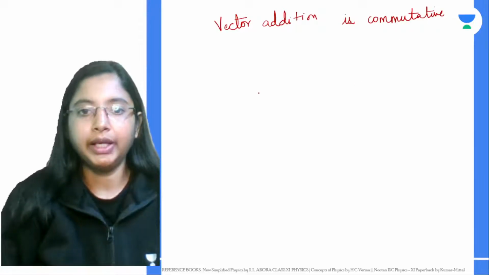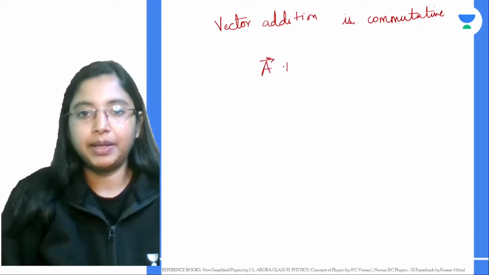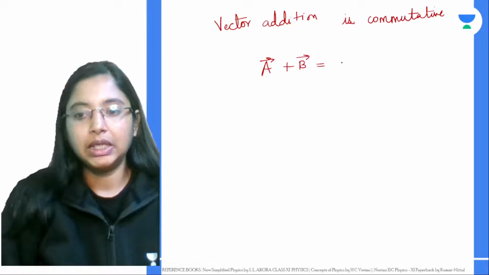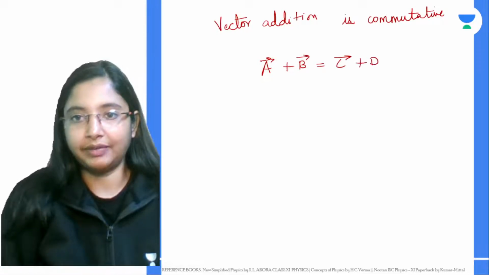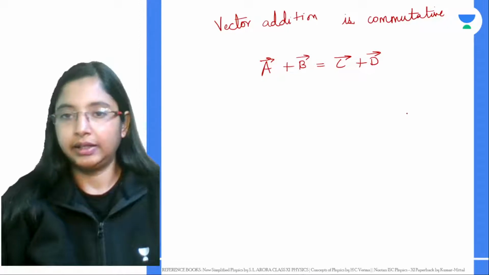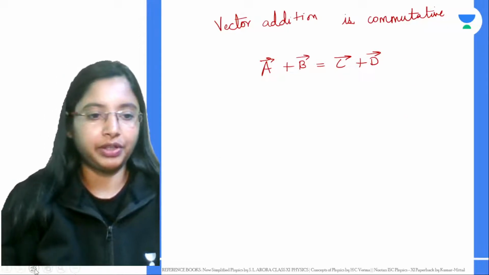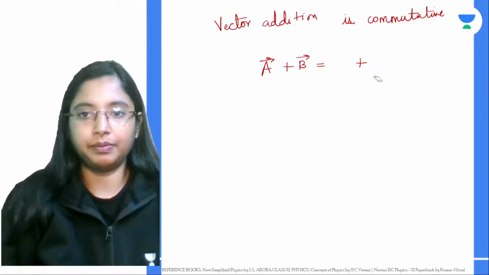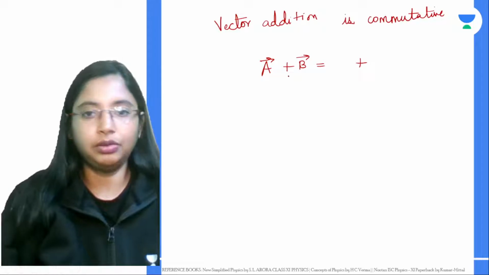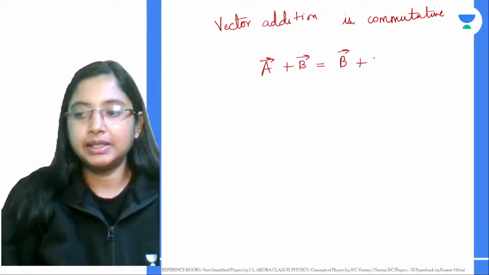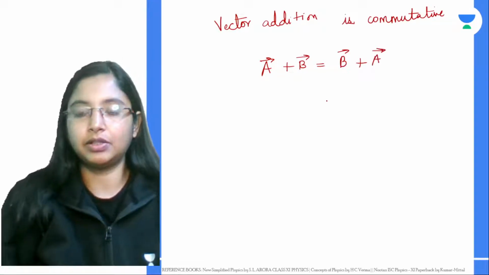Meaning, A vector plus B vector would be equal to B vector plus A vector. This is what we saw.